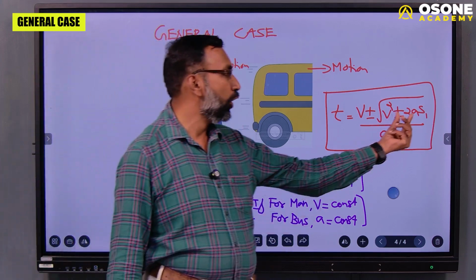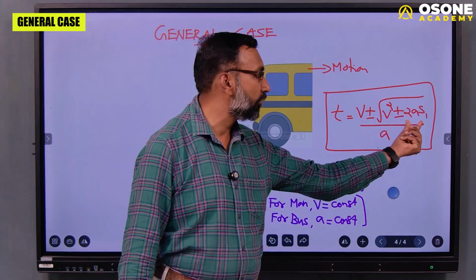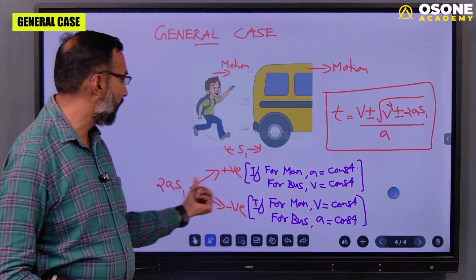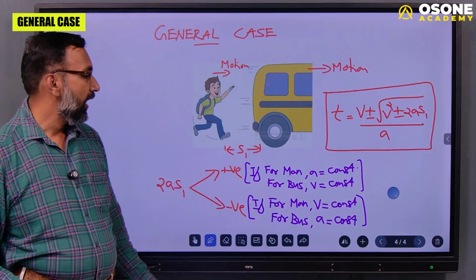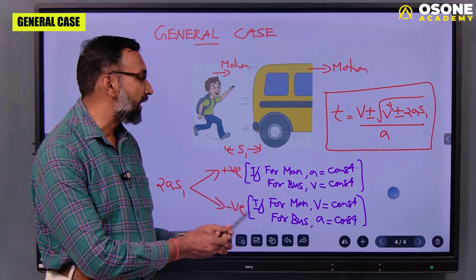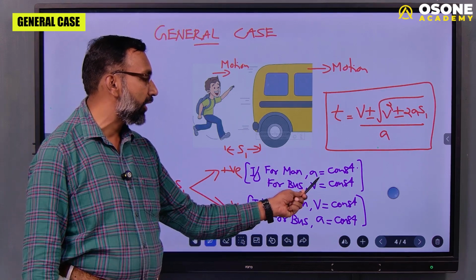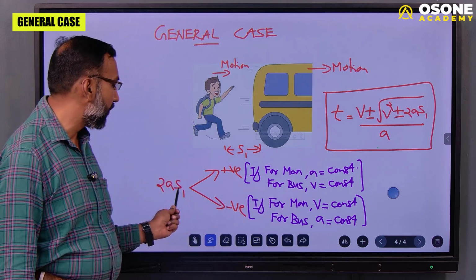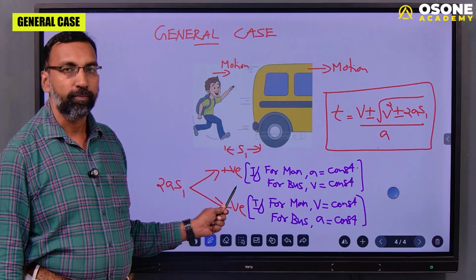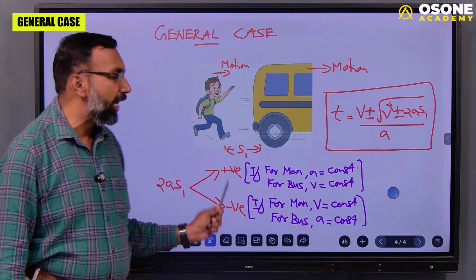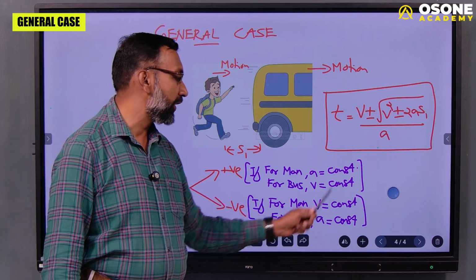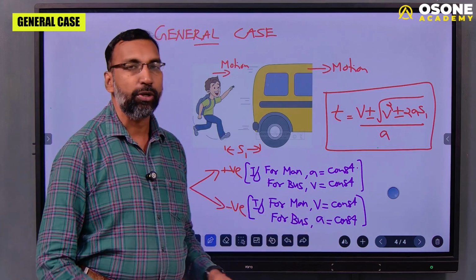Here this term 2AS1 can be either positive or negative. 2AS1 is positive if the man is having constant acceleration and the bus is having constant velocity; in that condition you take 2AS1 as positive. 2AS1 will be negative when, for the man, the velocity is constant and for the bus, A is constant.